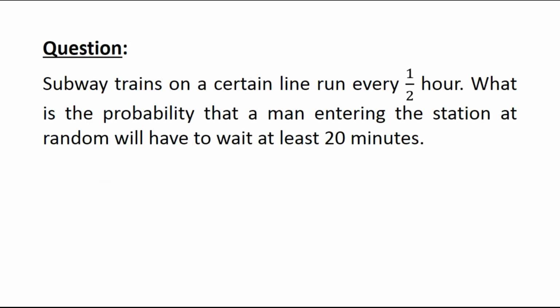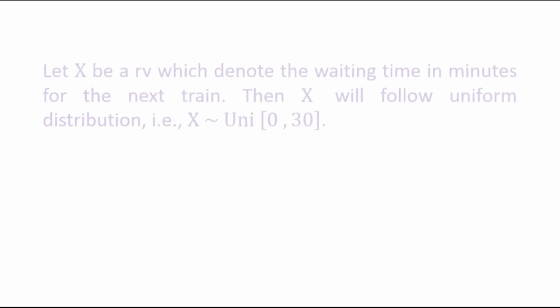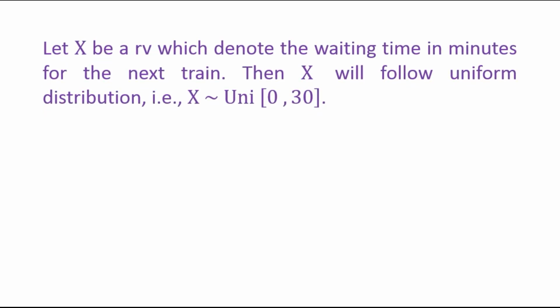Next question. Subway trains on a certain line run every half hour. So this is a case of uniform distribution. What is the probability that a man entering the station at random will have to wait at least 20 minutes? Solution. Let x be a random variable which denotes the waiting time in minutes for the next train, then x follows uniform distribution and the limits are 0 to 30.